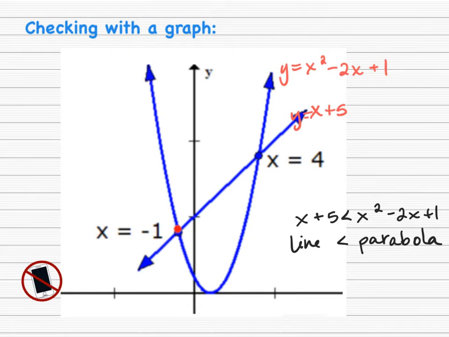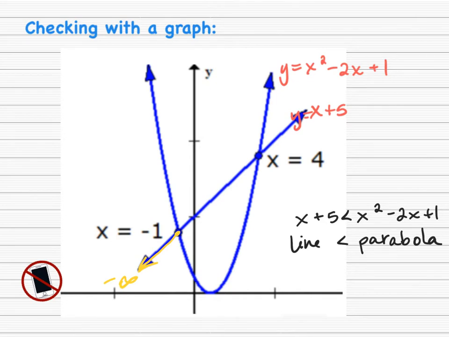So up until they cross at -1, the line is below or less than the parabola. So from that intersection point at -1 out to -infinity, my line will be below the parabola.